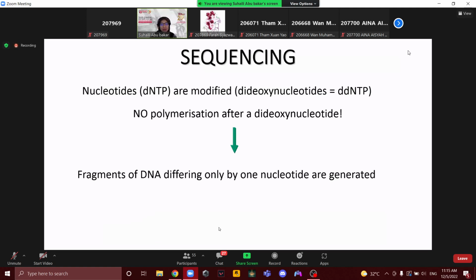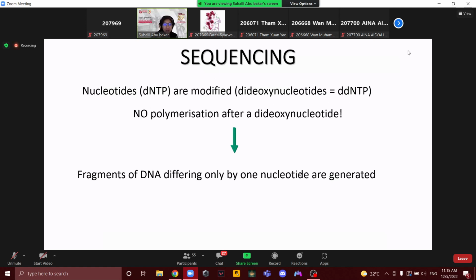So because of this, it will produce fragments of DNA differing only by one nucleotide. Remember the purpose of sequencing: we want to read every single letter of the four nucleotides. We want to see the first one, which one? A, C, T, G. The second is what? The third is what? So that's why scientists modified this.